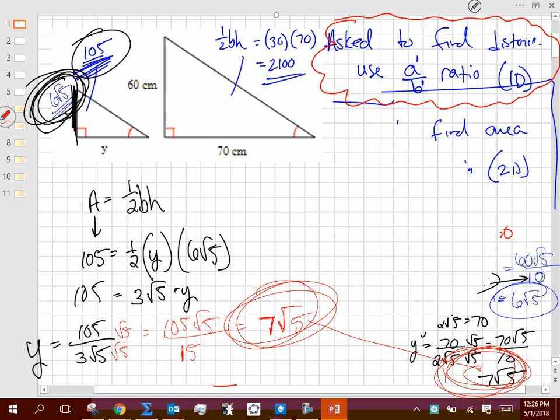Does that make sense? I think a lot of people get lost, not maybe lost, but confused with formulas. In the event that A equals 1/2 b h does solve for A, if I know any two of the 3 variables that are in that formula, I can always solve for that third one, right?